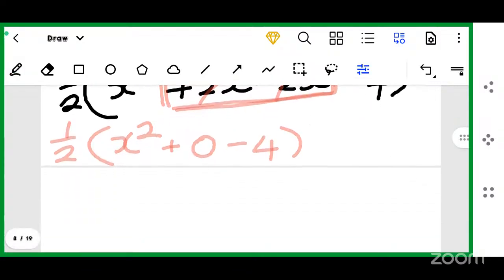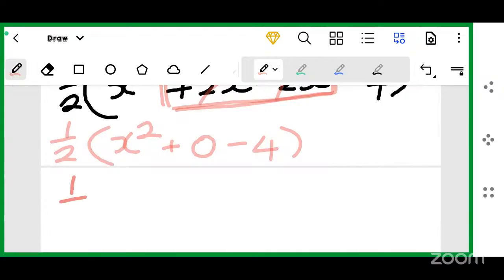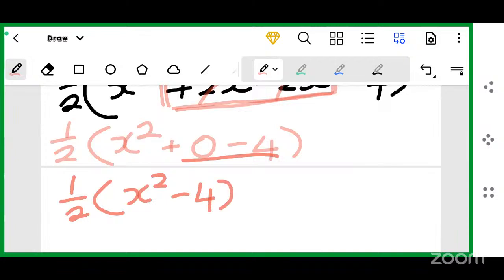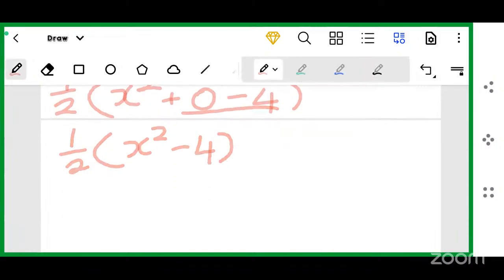The last part is going to be 1 over 2, open bracket, we work out the 0 minus 4, which is x to the power of 2 minus 4, close bracket. And now we are back to example 1.